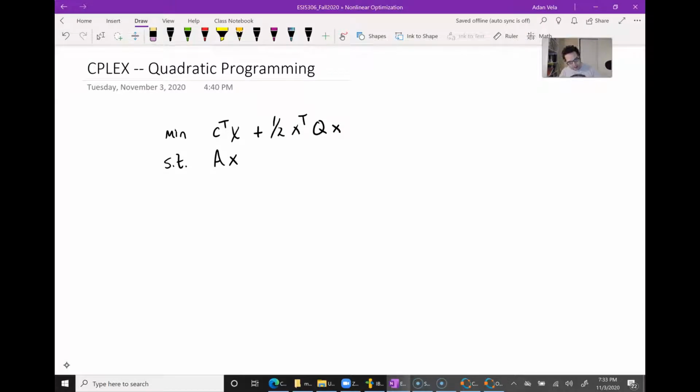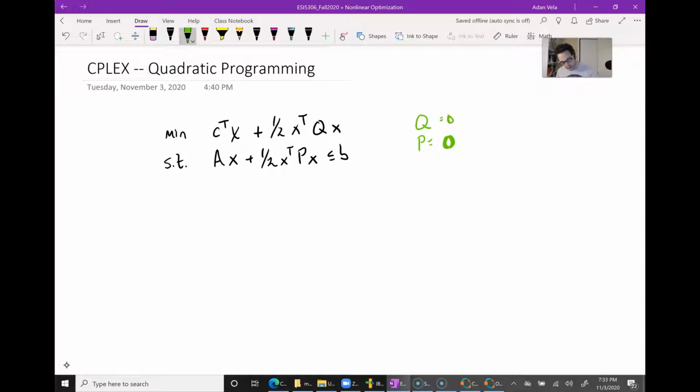And on the constraint side, we might add in 1/2 x transpose P times x, and it's still less than or equal to b. And so if we want to have a linear formulation, then we would just set Q equal to 0 and P equal to 0.